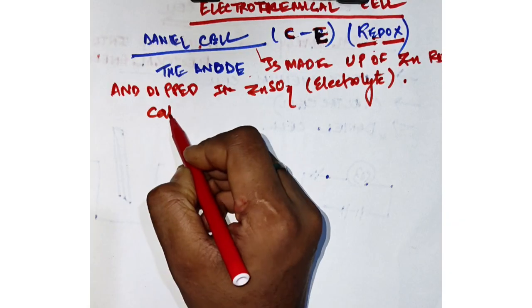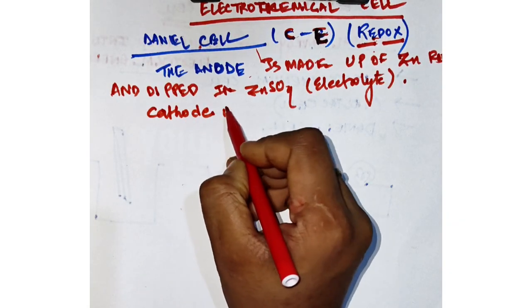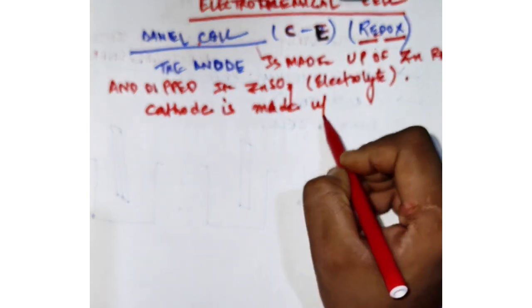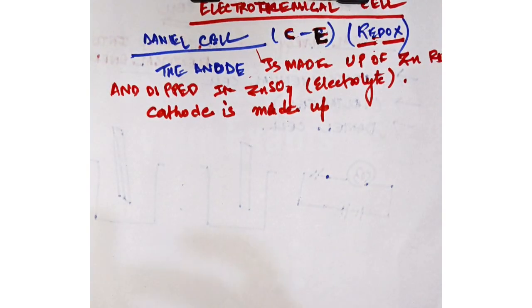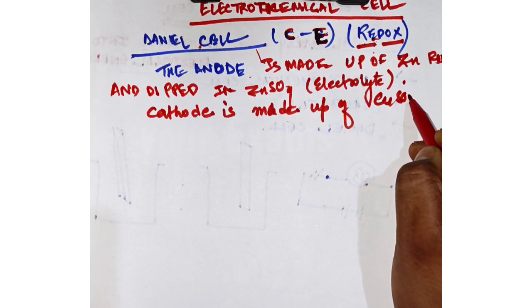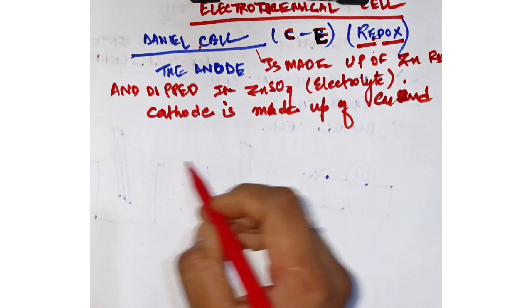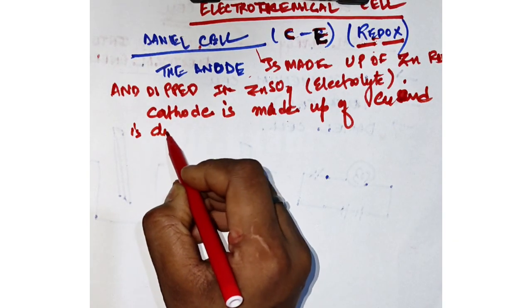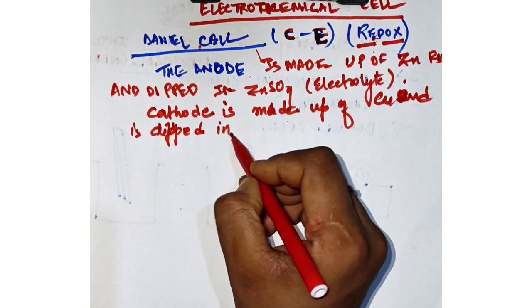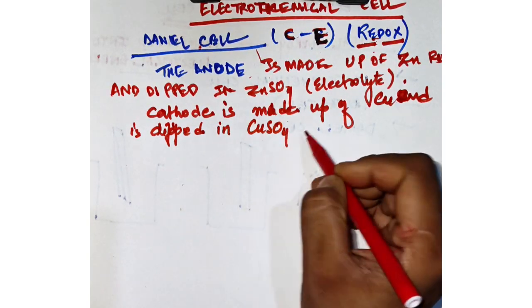Similarly, the cathode is made up of copper and is dipped in copper sulfate solution.